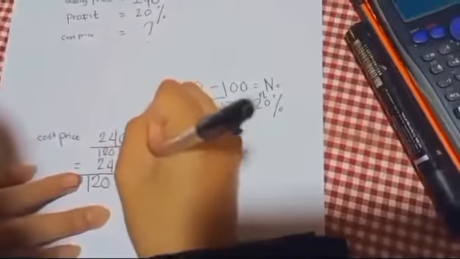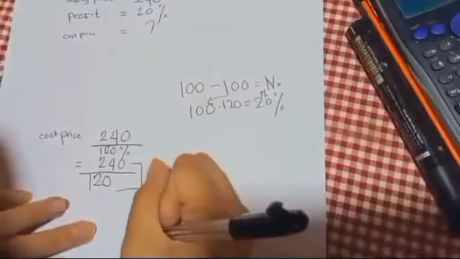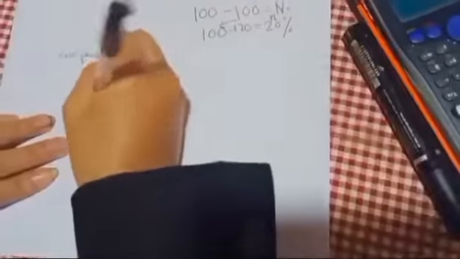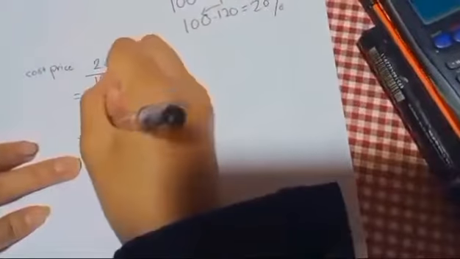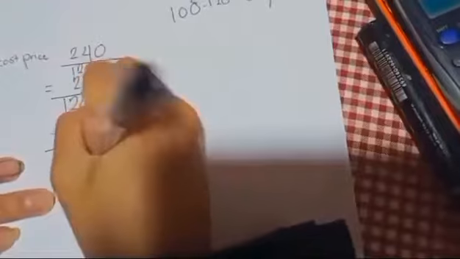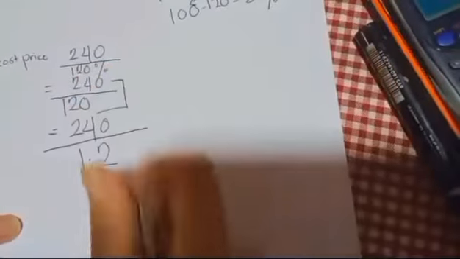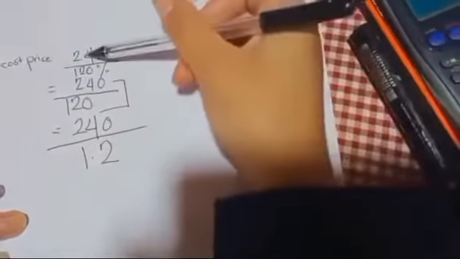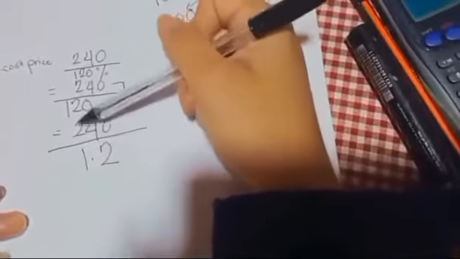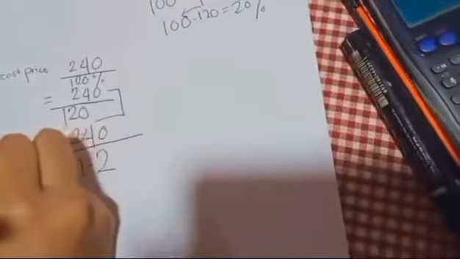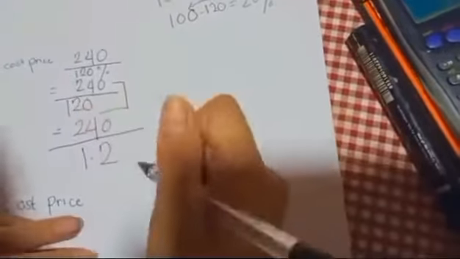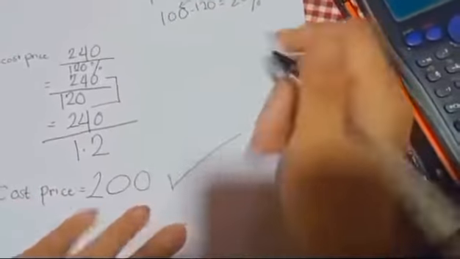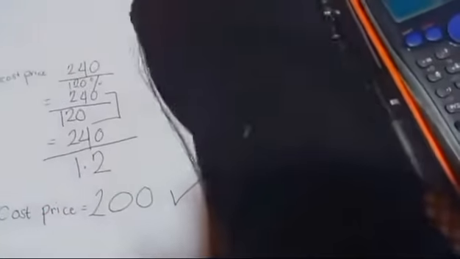Now we simplify it. 240 divided by 120%, which means 120 divided by 100, and the answer will be 1.2. Then when we divide 240 by 1.2, the answer will be 200. So this is the cost price.